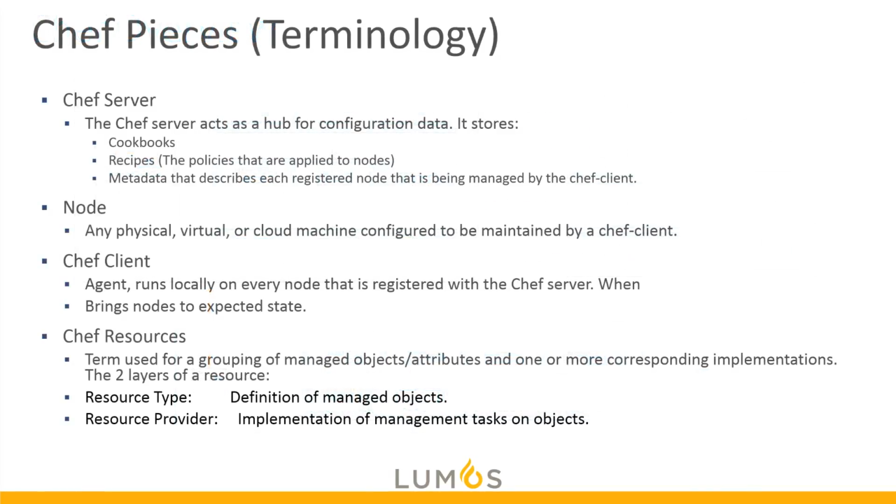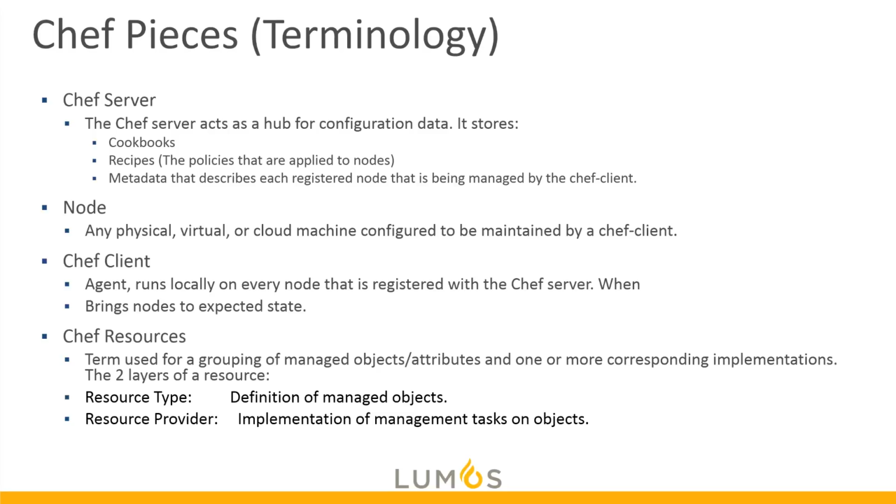So taking a look and dissecting some of the terminology, we have, as I mentioned, the Chef server, and it acts as the central hub for all the configuration data. It stores what are called the cookbooks, which are the larger macro series configurations, the recipes, or the policies that are applied to the individual nodes, and then metadata that describes each registered node that's being managed by the Chef client.